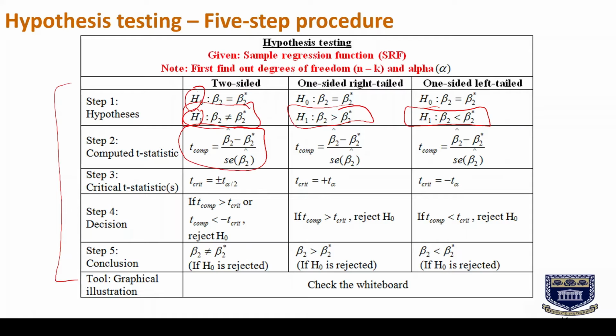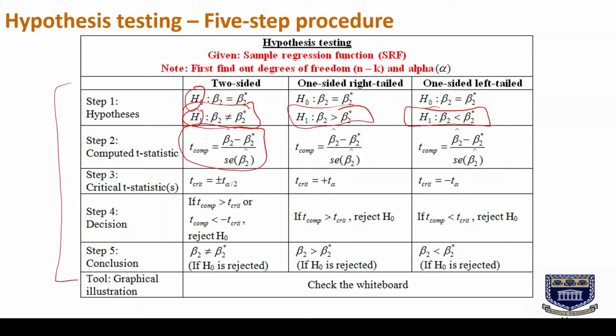You specify an alternative hypothesis in that way if you are indifferent to whether the true beta 2 is larger than or less than the hypothesized value, right? So in that case, you're really just interested in whether beta 2 is exactly equal to a given number, but you're somewhat indifferent to the direction in which it might be wrong.